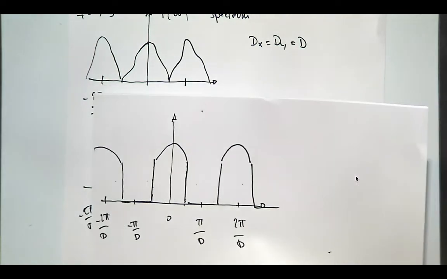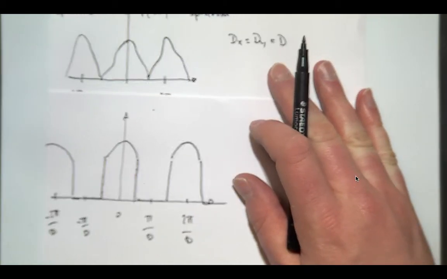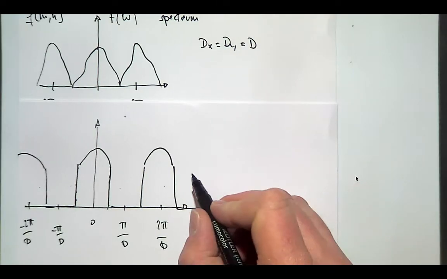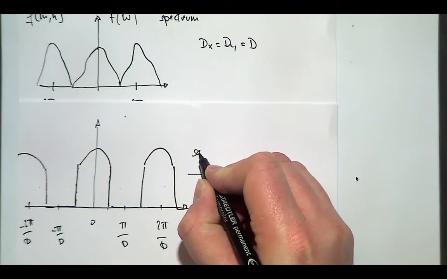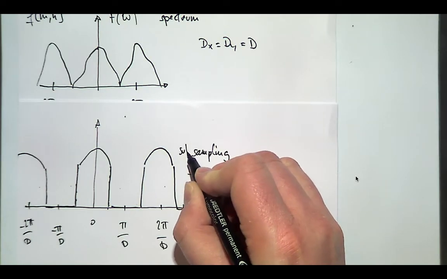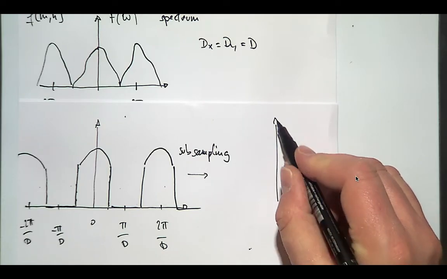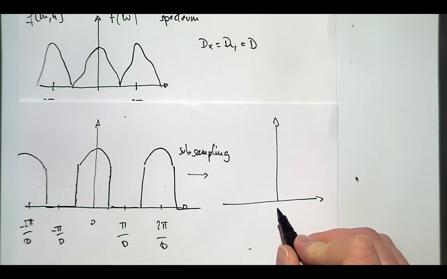I'll do that again. So if we go from here, then I'm trying to make space. Then we apply sampling, or subsampling, I should say. So when you subsample, what you'll get is so 0.